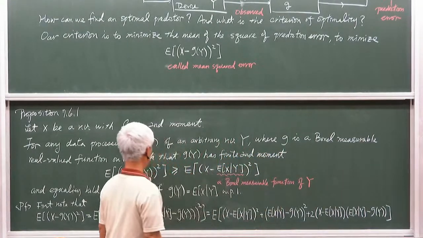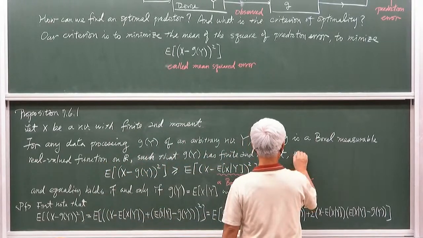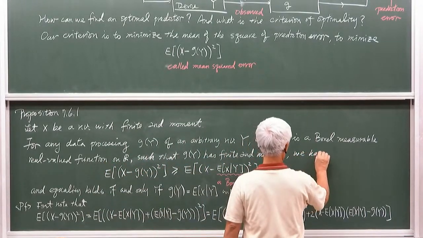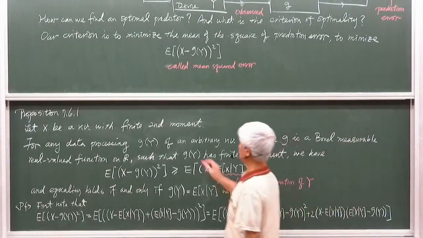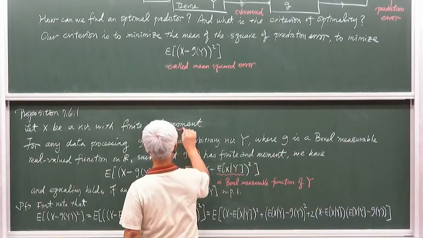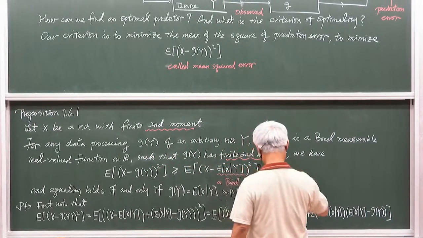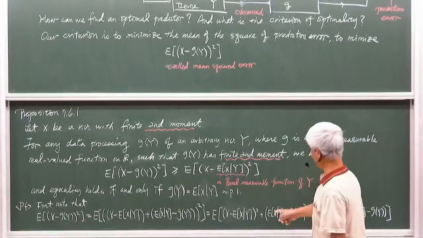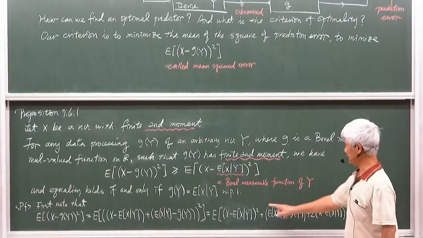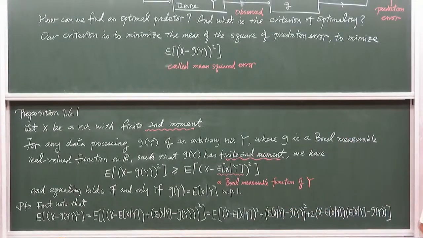So we need that X has finite second moment, and that G of Y also has finite second moment too, before we can apply linearity of expectation.